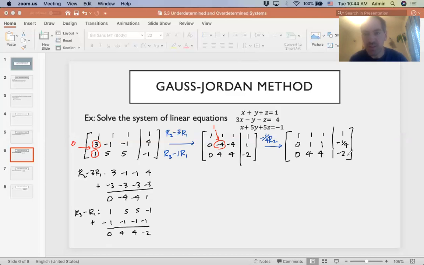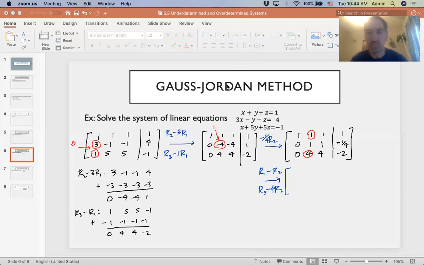And we want everything else in the second column to be zeros. We want that to become a 0, and that to become a 0. So we will add to row 1, negative 1 times row 2, and to row 3, we will add a negative 4 times row 2.